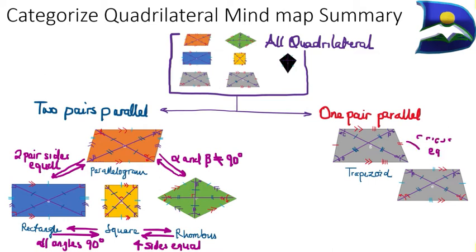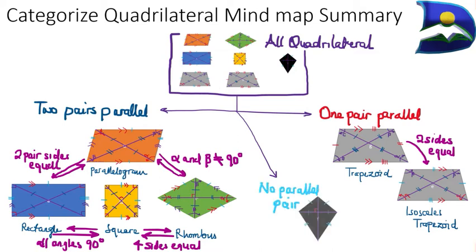So therefore, having the 2 non-parallel sides equal is called an isosceles trapezoid, which is similar to an isosceles triangle. And finally here, looking at no pair that is parallel, this is categorized as this particular shape right here. This is called a kite, and this kite has one important similarity with 2 other shapes.